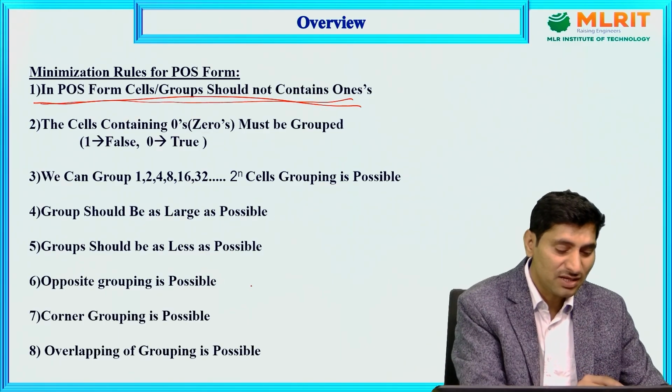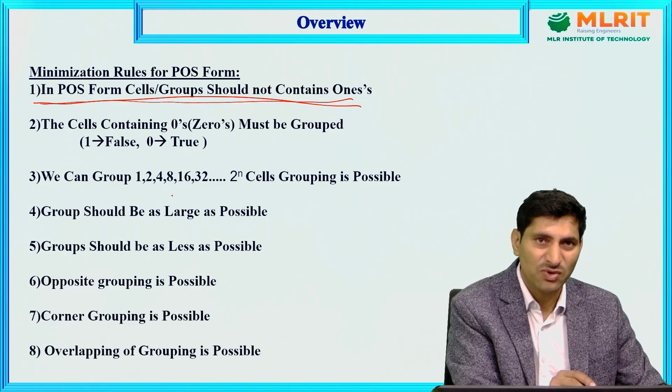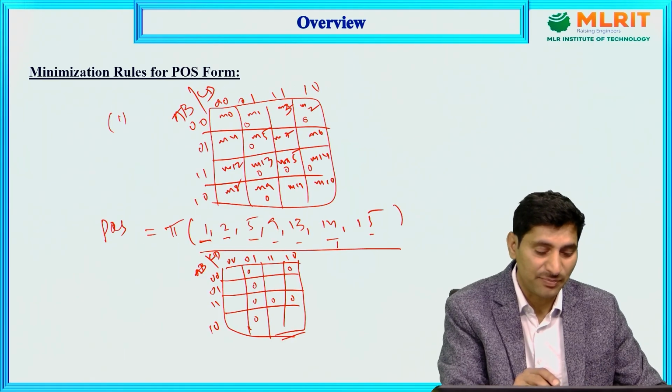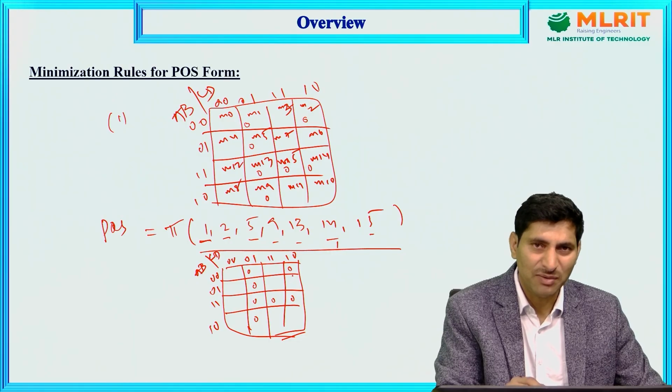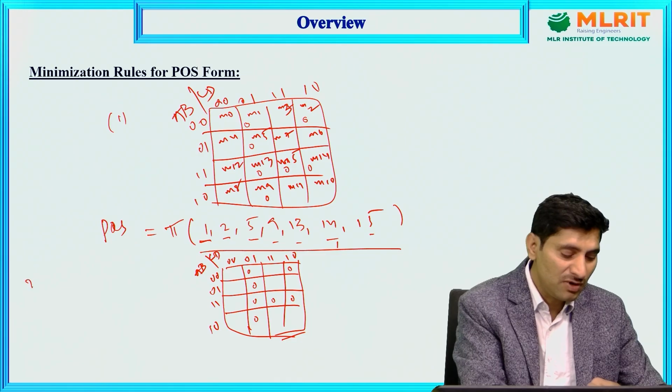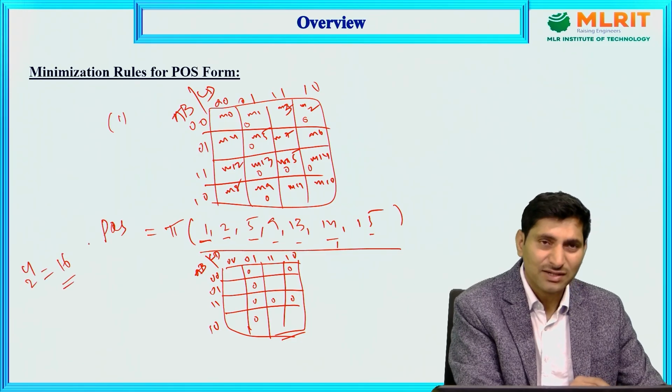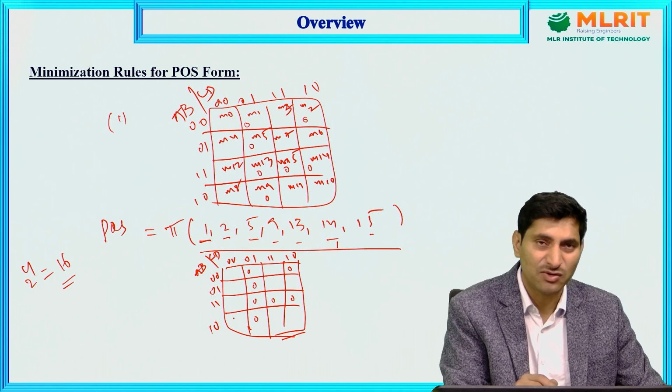The third rule is we can group 1 cell, 2 cell, 4 cell and so on up to 2 power n cell. While grouping we have to start from the largest grouping. So here using this 4 variable, how many cells are possible? 16. So we can group a maximum of 16 cells.